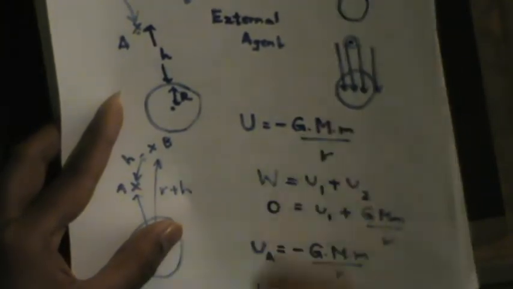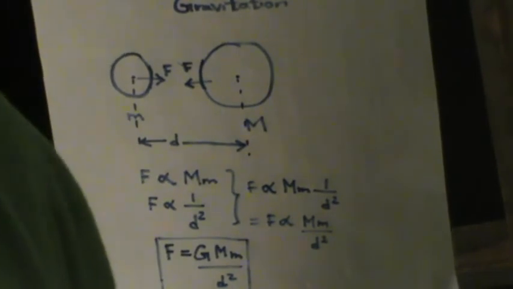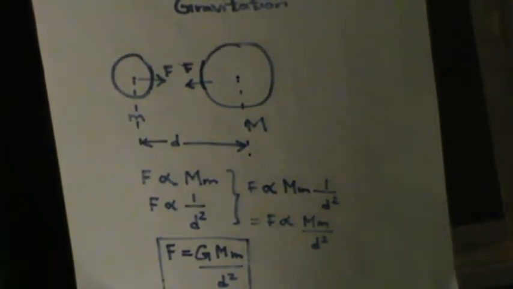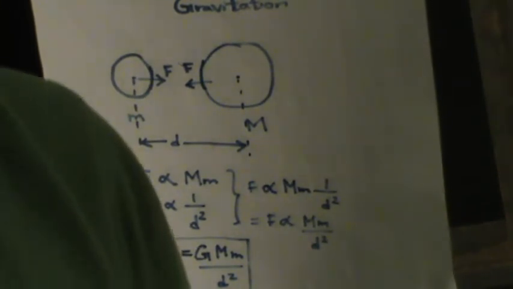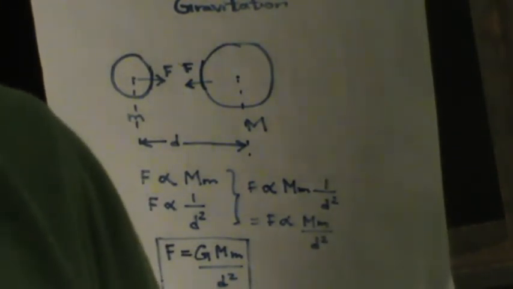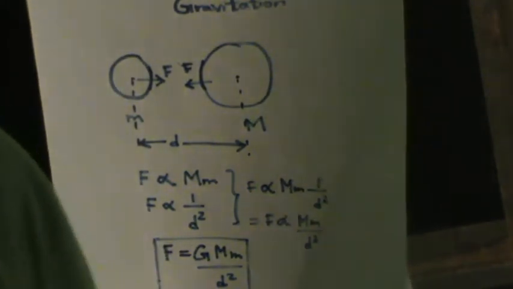So the actual equation is U equals minus G times M times small m divided by R, and the value of U is negative because the gravitational potential energy is always negative, because the work is always done by the gravitational field, not by the body in the field, right?